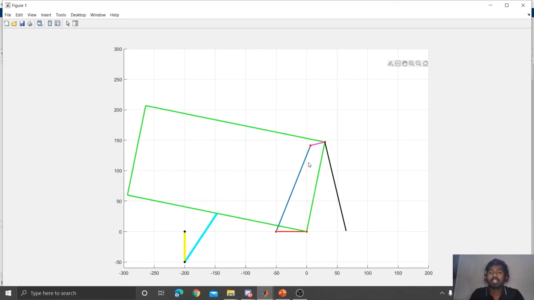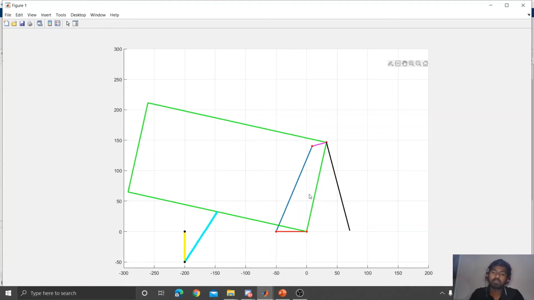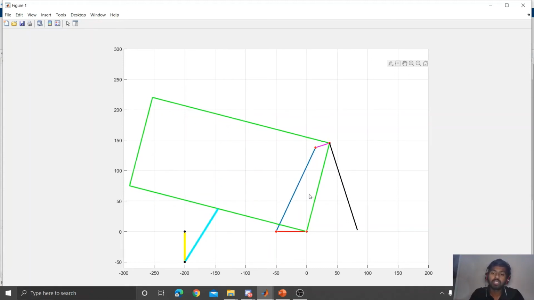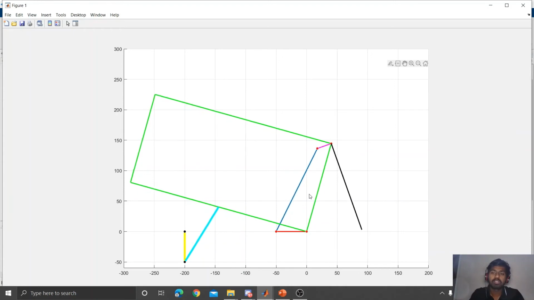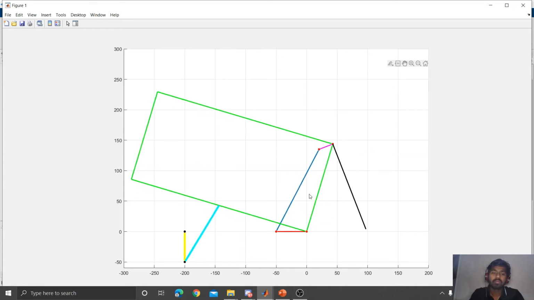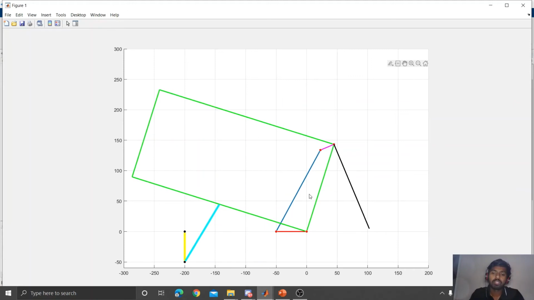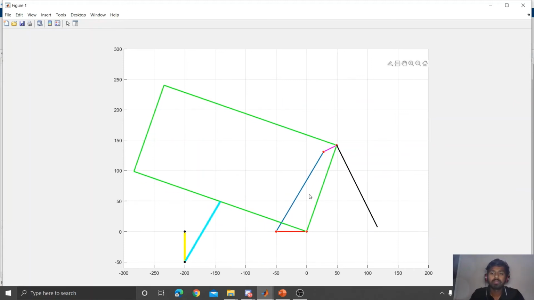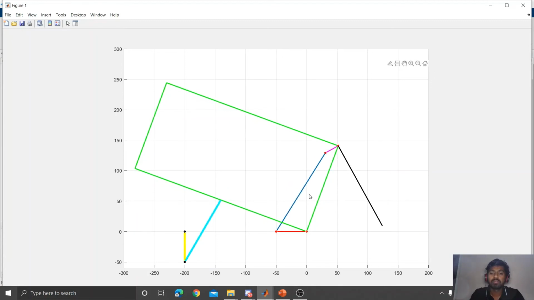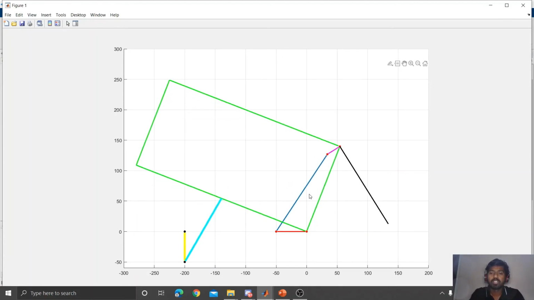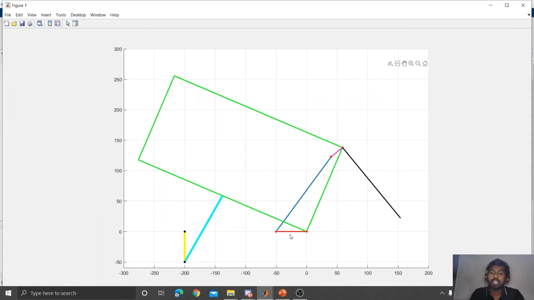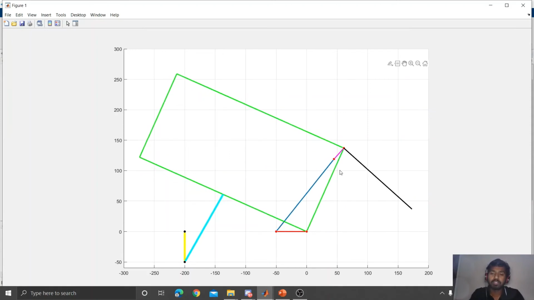Let's see where it goes. It will run through until theta 1 equals beta, that is the dead center configuration.